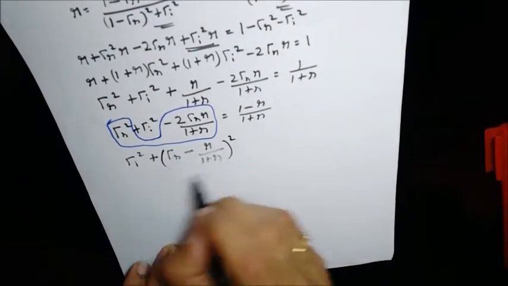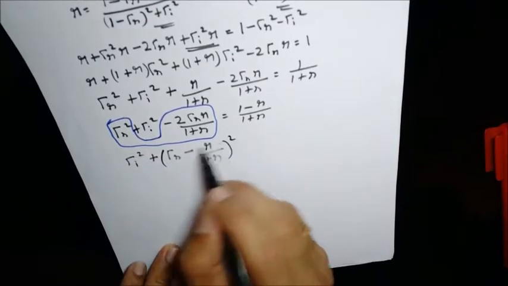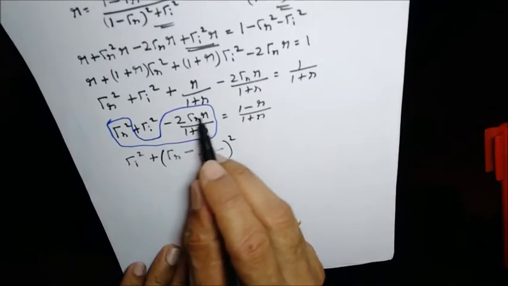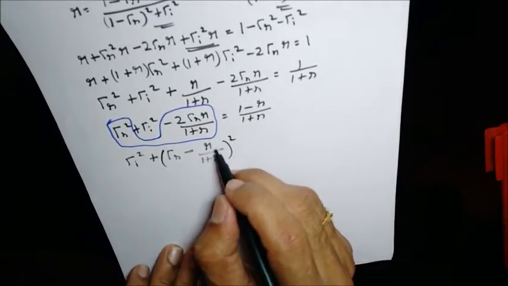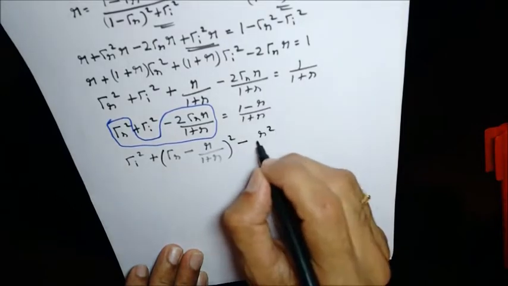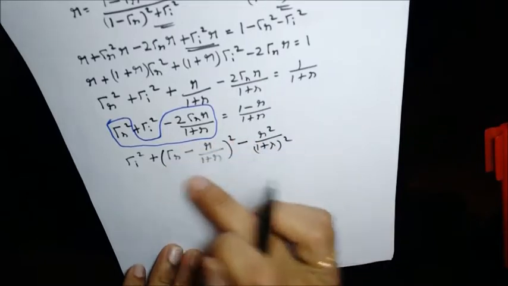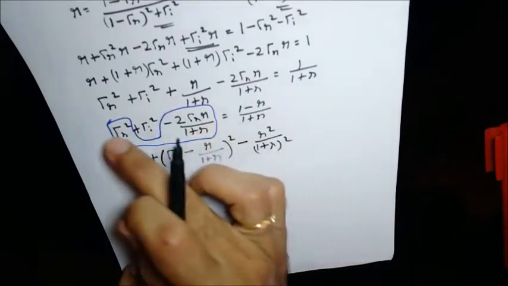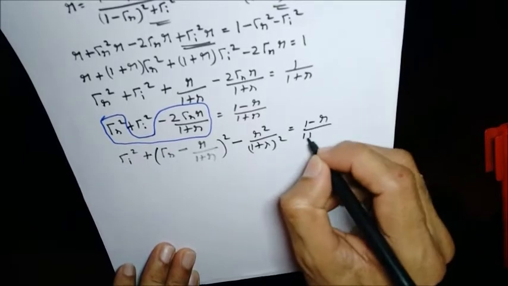So when I open this bracket, I will get gamma r square term minus 2r gamma r divided by 1 plus r term, and then an extra r square by 1 plus r square. So I compensate for that by subtracting this, so that this as a whole gives me the rounded term here, and that will be equal to 1 minus r by 1 plus r.